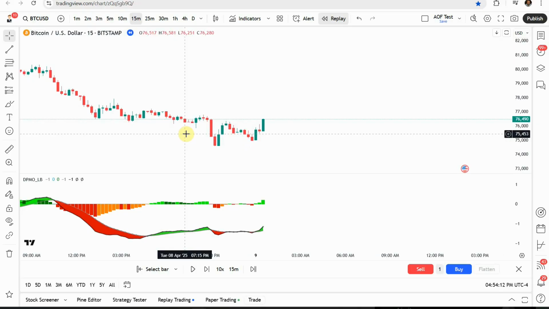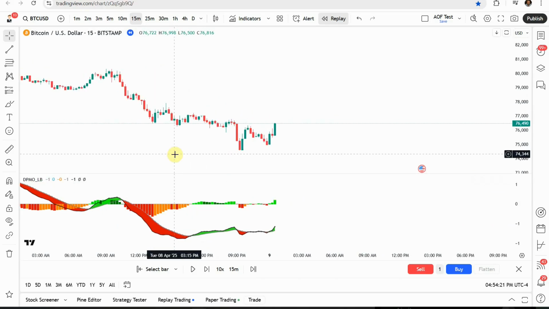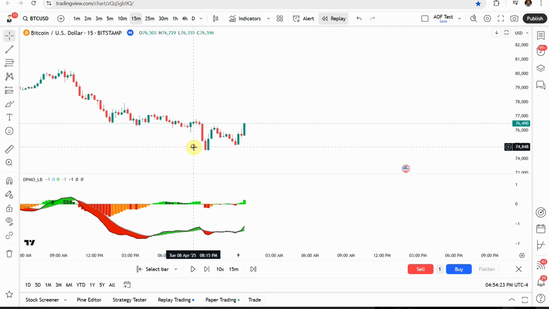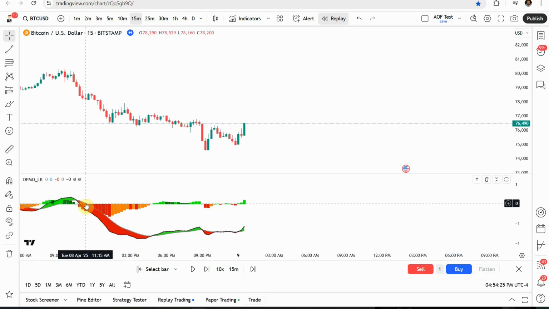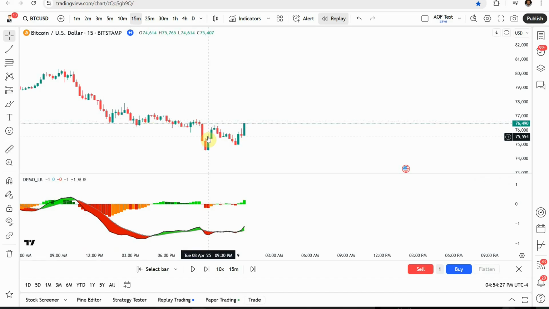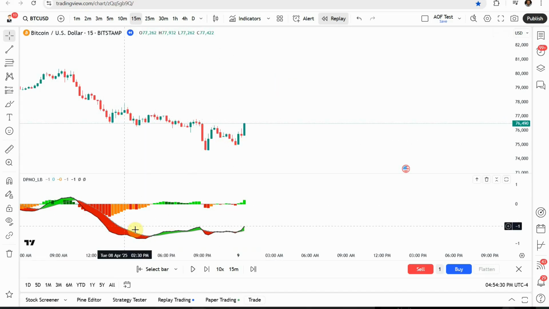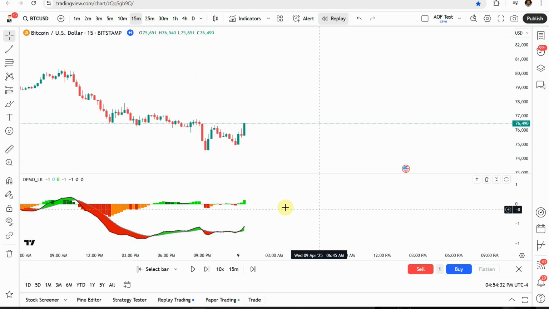And so what we are looking for is a divergence from the decision point oscillator. Basically, a divergence is when the price deviates or does something different than the indicator itself.